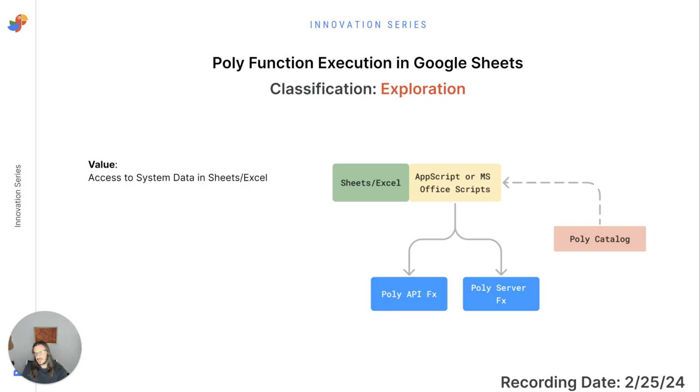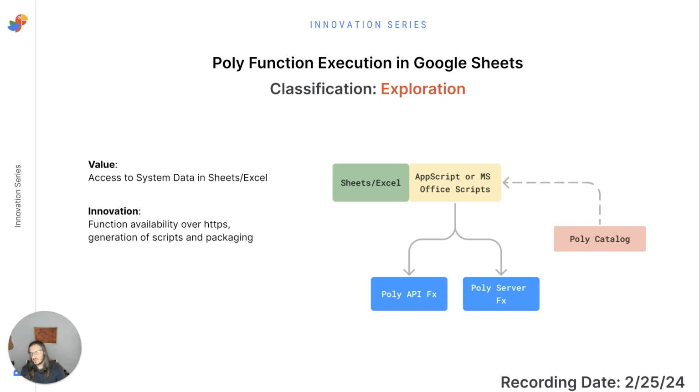The value here is that users across your organization, in Google Sheets or in Excel (the same approach could be taken with Office Scripts), can access enterprise data, but the IT department, or whoever manages and operates those systems, can scope down the level of access to whatever they'd like. So you can build single-purpose functions whose purpose is to offer up certain actions or data in enterprise systems to users in the line of business.